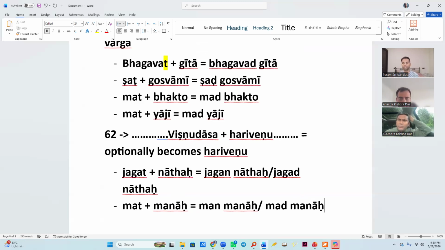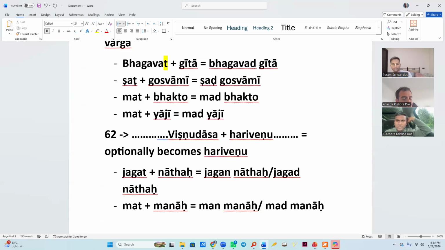But Prabhu, this Vishnu Dasa is followed by Ma here, right? It's not Harivenu. Yes, Prabhu, Ma is Harivenu. Papa, Baba, Ma, the last one. Ma itself is Harivenu. I see.